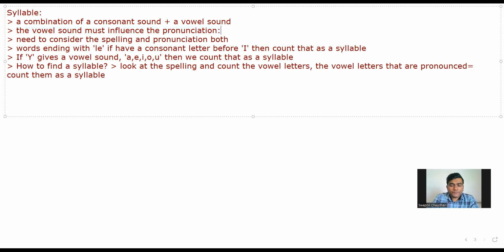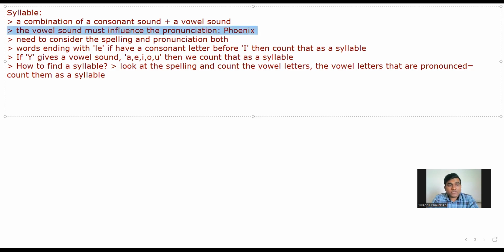For example, in this word, you see this letter, although O is a vowel letter, it is not influencing the pronunciation. We do not say "phoe-nix", we say "phee-nix", right? So O is not influencing the pronunciation, right?